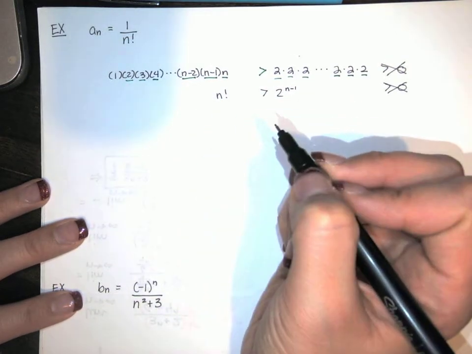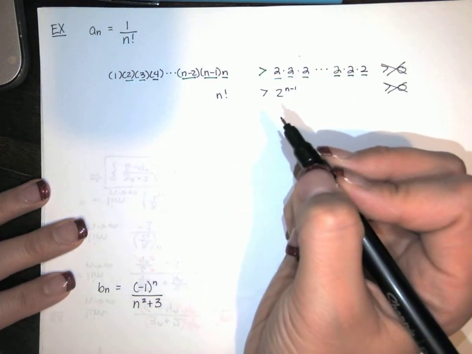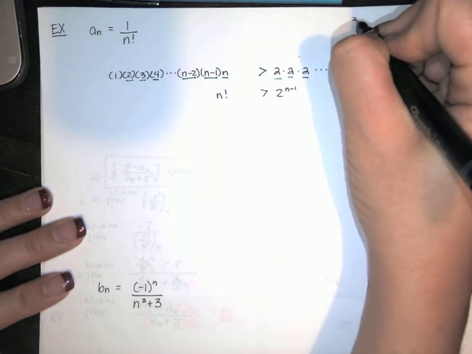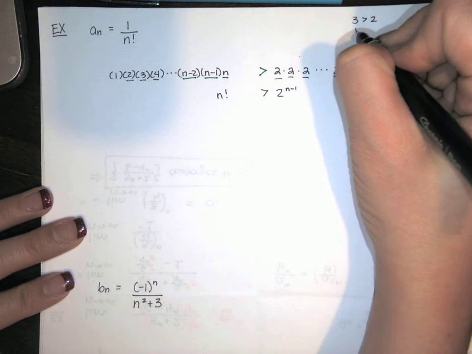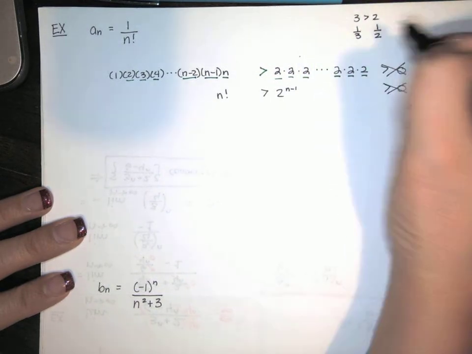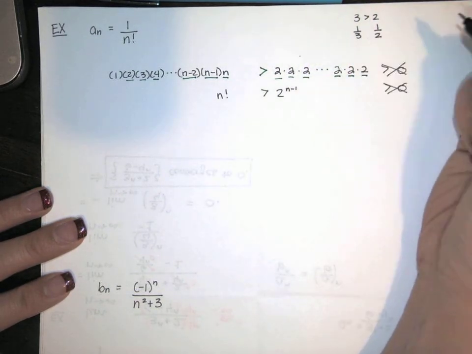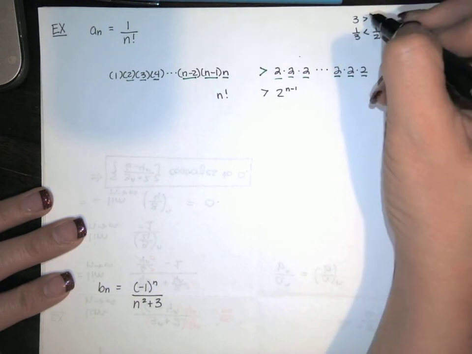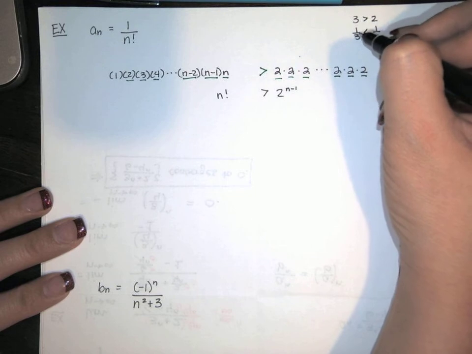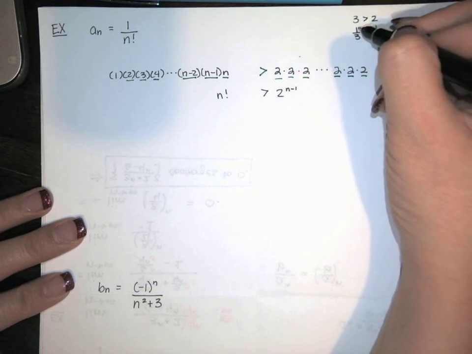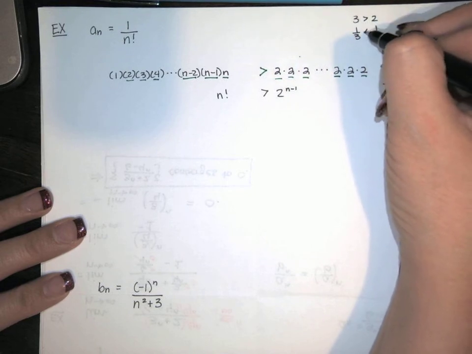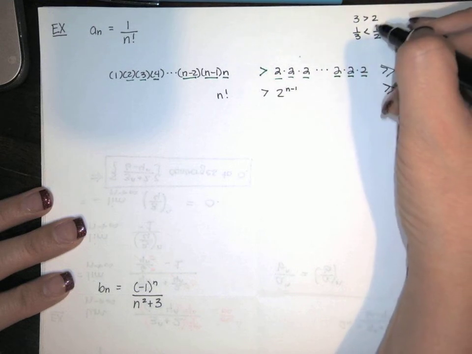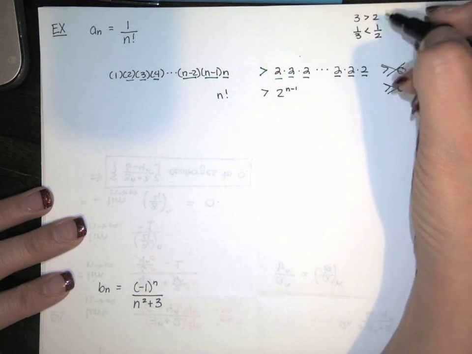All right, now I want to do something that's going to seem a little odd, but it'll make sense later, I think. If I have 2, or if I have 3, and I know that 3 is greater than 2, if I take reciprocals of that, if I'm comparing 1/3 to 1/2, don't I have to flip that inequality? Because if 3 is greater than 2, and I take 1 and I divide it into 3 even pieces, each of those pieces is going to be smaller than if I took 1 and divided it into 2 equal size pieces.